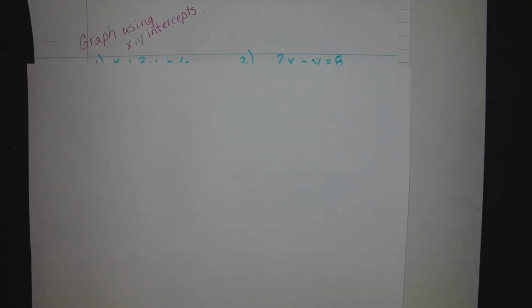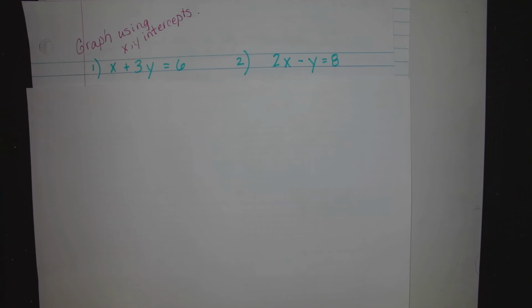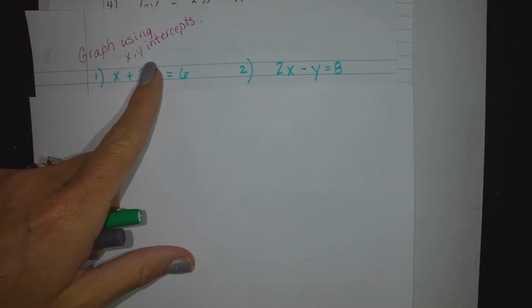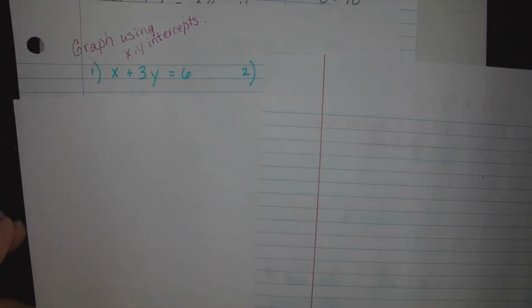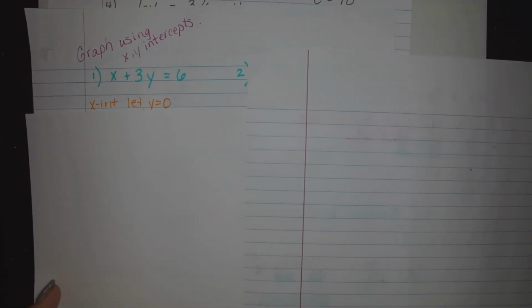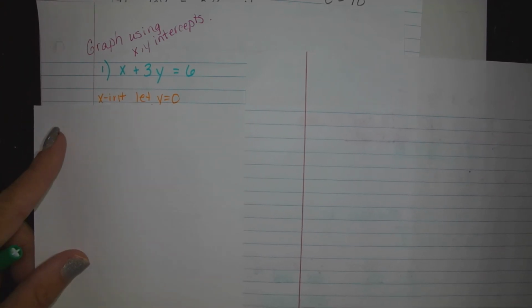All right, so let's look at this. Number 1, graph using the x and y intercepts. The first one we're going to find is the x-intercept. You let y equal 0. Why? Because that's the definition. Those two pink terms I just gave you, you need to memorize them.